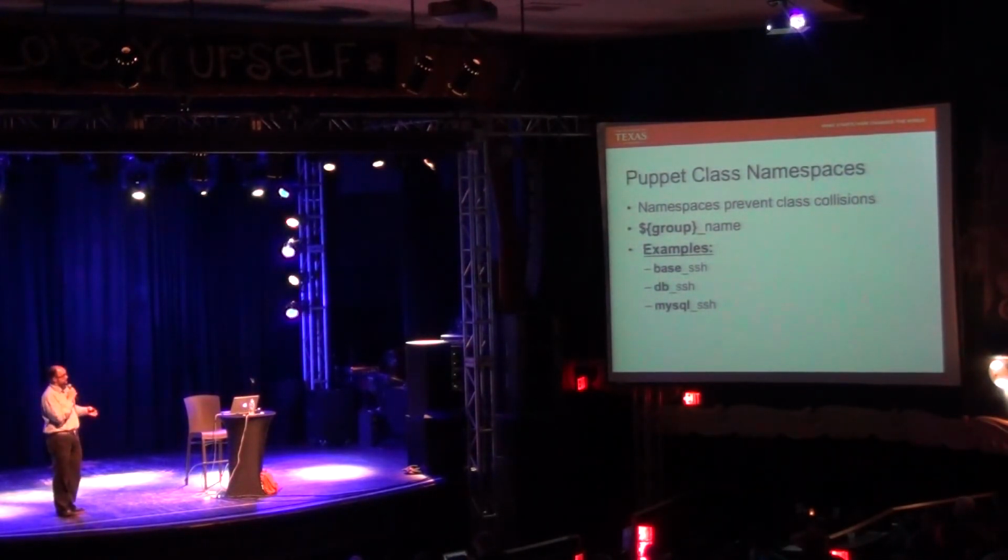Our standard is that if you create a class, you give it the prefix of your group, basically. So we're the PPCM group: provisioning, patching, configuration management, and monitoring. And so all of our stuff is PPCM underscore something. That's a handy way of separating things out, so if you see that class, you know where it came from.